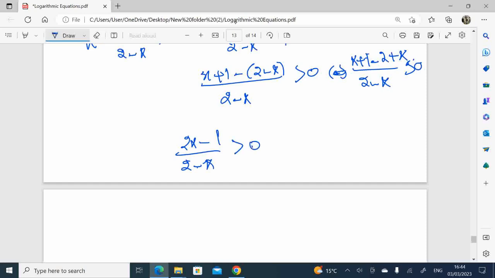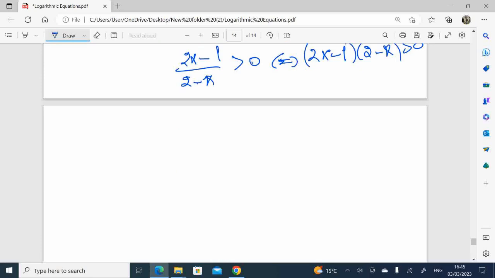So in order to solve this, I need (2x−1) multiplied by (2−x) to be positive. First I solve it equal to 0.